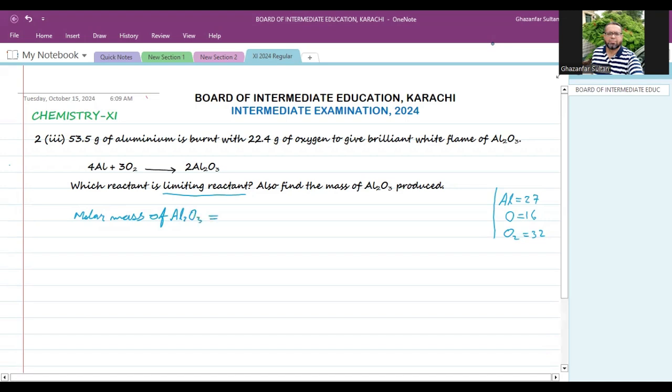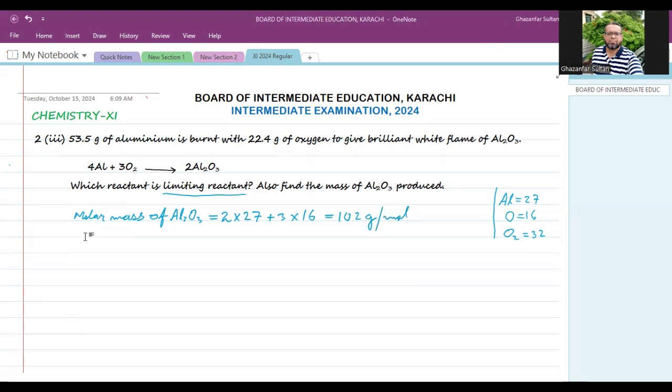There are 2 aluminum, so 2 multiplied by 27, plus 3 oxygen, so 3 multiplied by 16. When you calculate it, you will get 102 as its molar mass. Its unit is gram per mole.